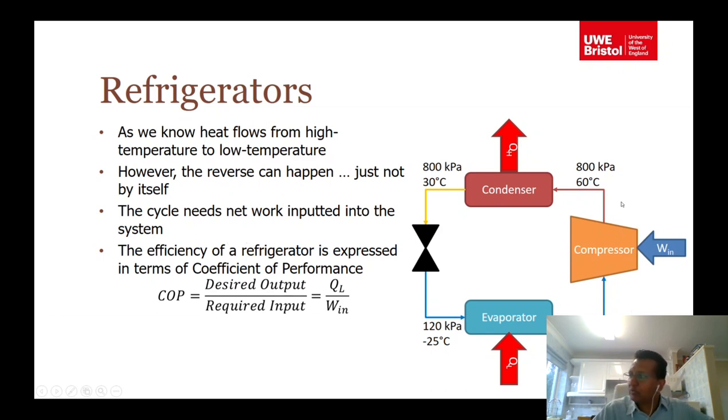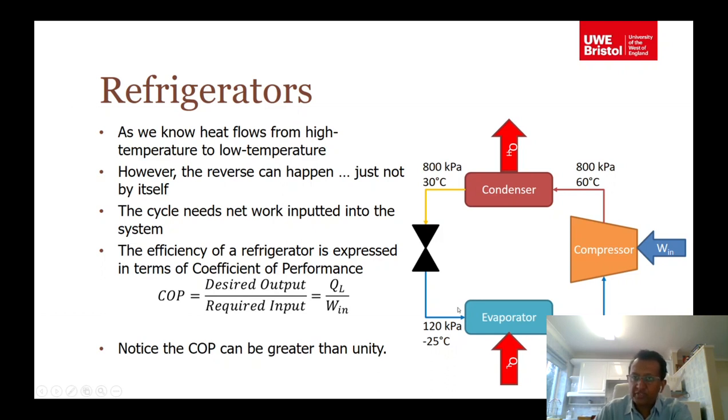For this to work, you have to have work input. That's your work in, which is the compressor work. Heat is rejected from the condenser, and heat is absorbed from the evaporator.